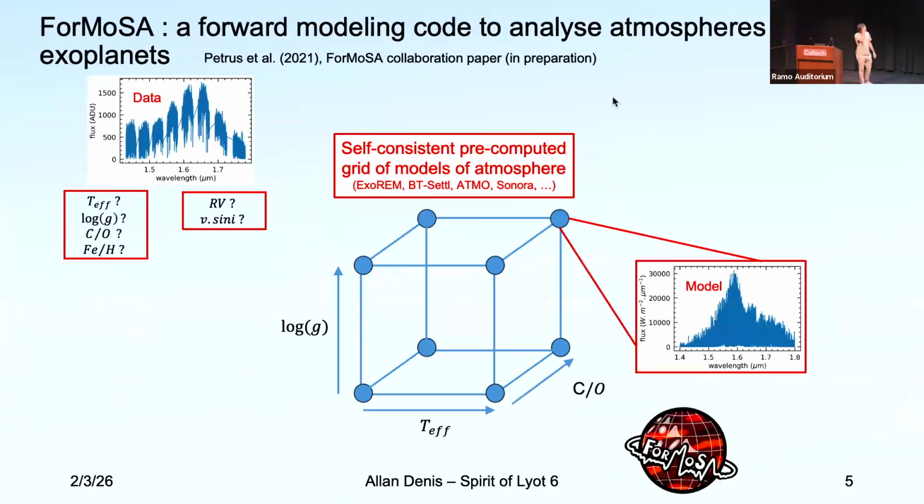So to analyze this data, I use the forward modeling code ForMoSA. The principle of ForMoSA is to compare some data with a grid of self-consistent pre-computed models of atmosphere. These models are now very common in the field of direct imaging, and some of them are publicly available.